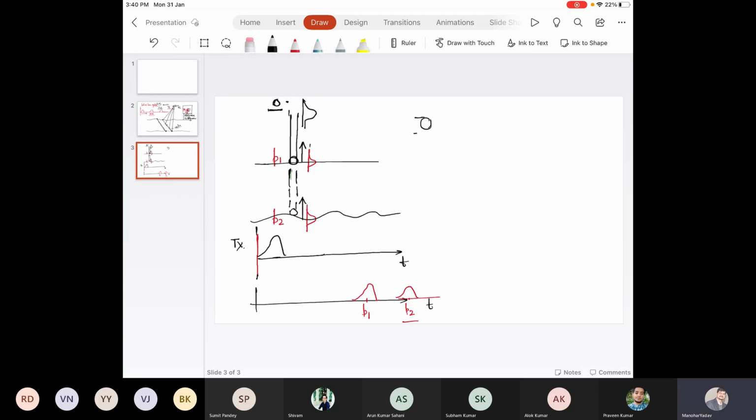This is the aperture of the laser transmitter. Okay. And we can say that this is the laser source.